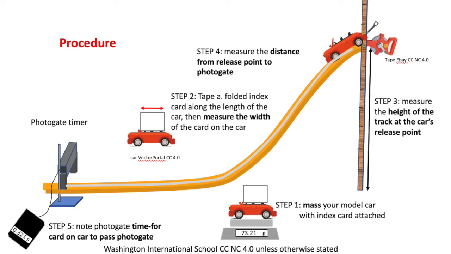Step 3, on the right, measure the height of the track at the car's release point. Step 4, measure the length of the track from the release point to the photo gate timer. And number 5, note the photo gate time.